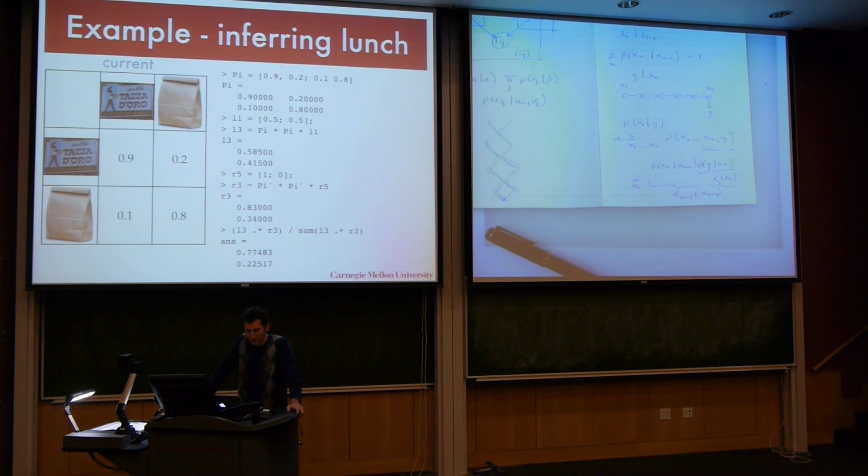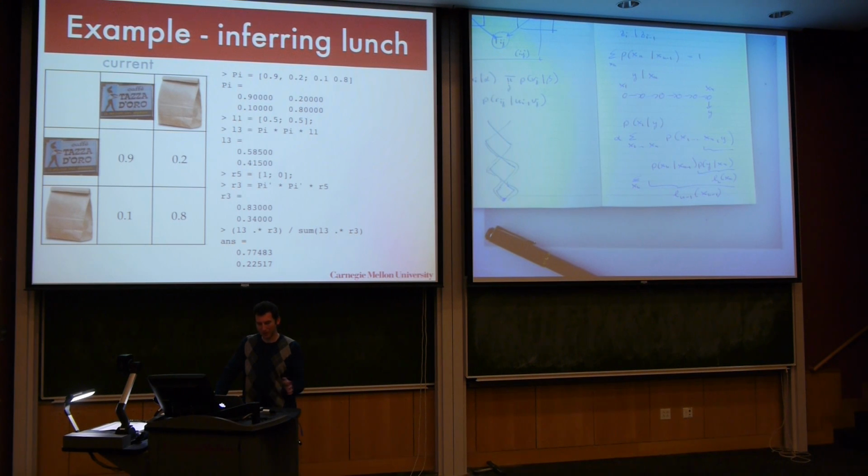Okay. Now let's set R5 to 1 and 0. So that's basically I observed that I went to Tazzadoro on day 5. So now the right message is from 5 to 4 and then from 4 to 3. Right? So it's basically pi transposed times pi transposed times R5.